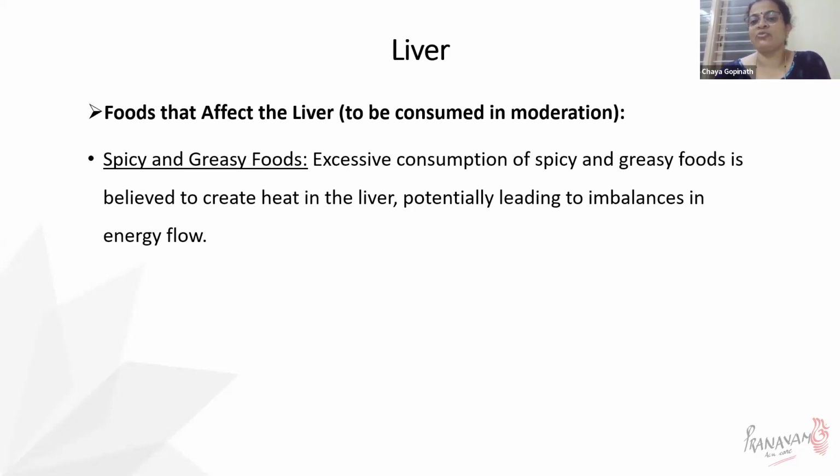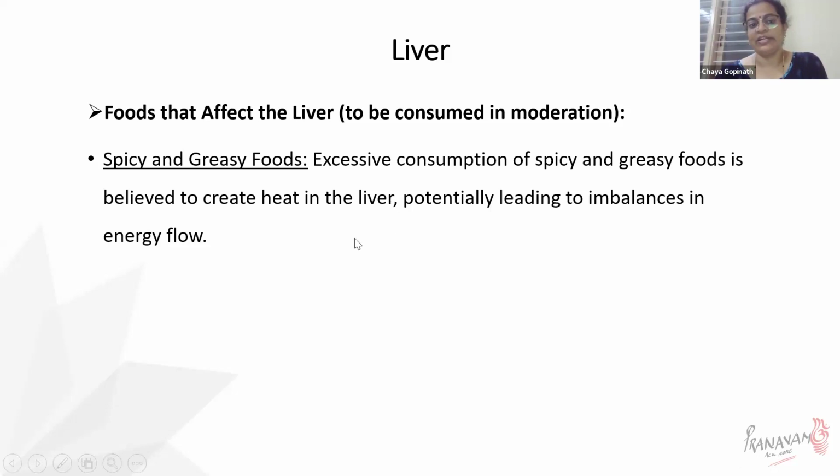This is going to lead to an imbalance of energy flow because we know liver governs the flow of chi. If liver yang is more or liver is affected, its function will be reduced and you will have imbalance in energy flow. There is no uniform distribution of energy flow throughout the body.